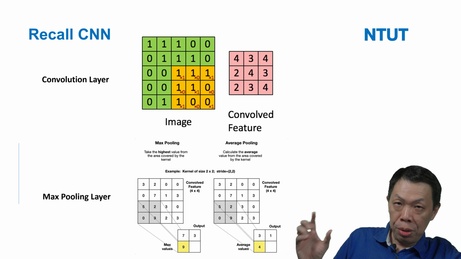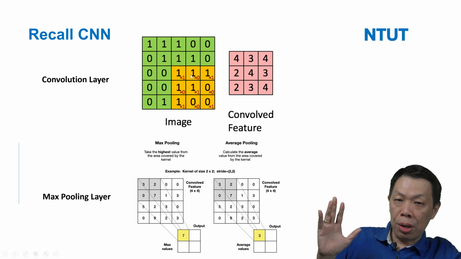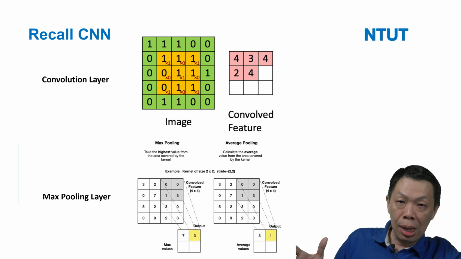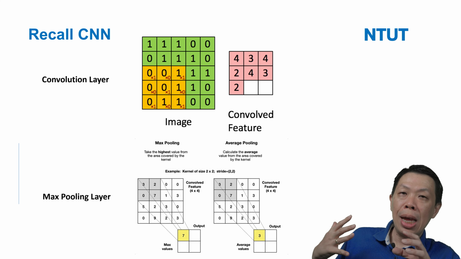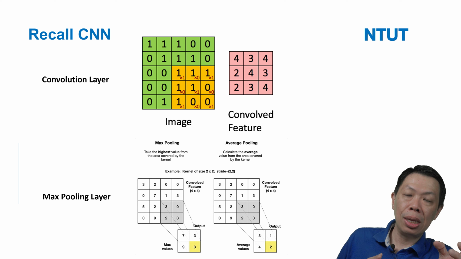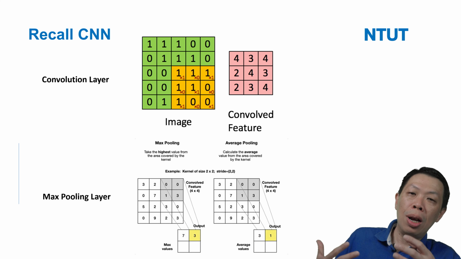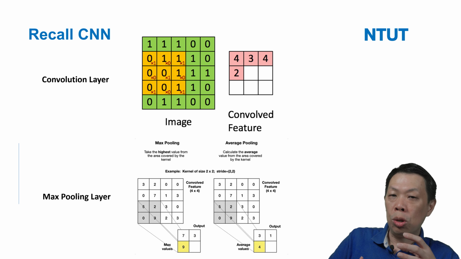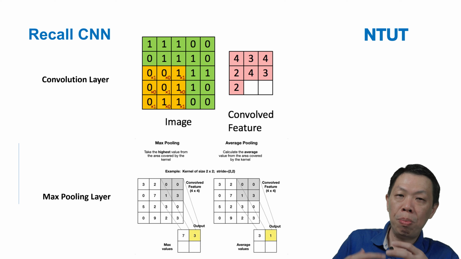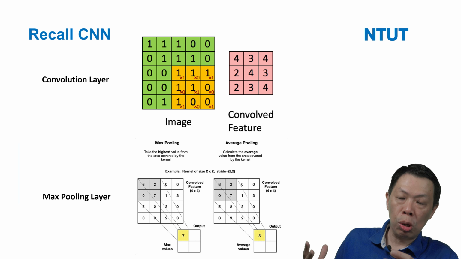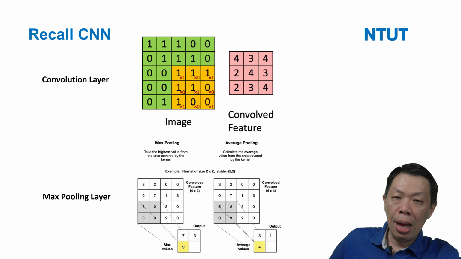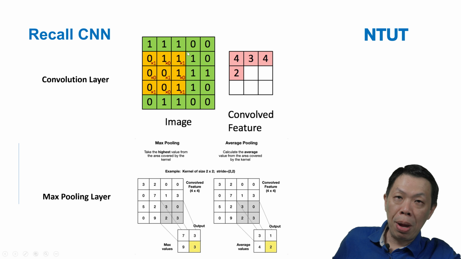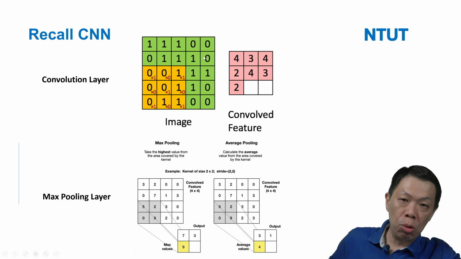Every value inside the kernel of a filter is exactly like a weight, so it's also a parameter. We have to use the gradient descent algorithm to learn the weights, that is the values in the kernel, to optimize the feature maps. That's why they are also called parameters. Every element in the kernel is also a parameter, like a weight in the neural network.